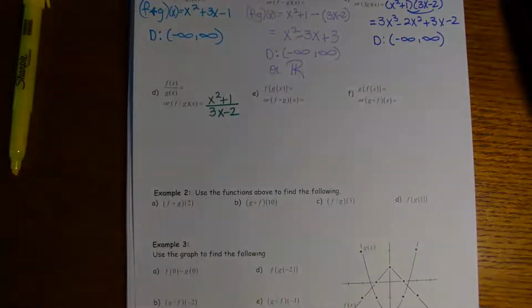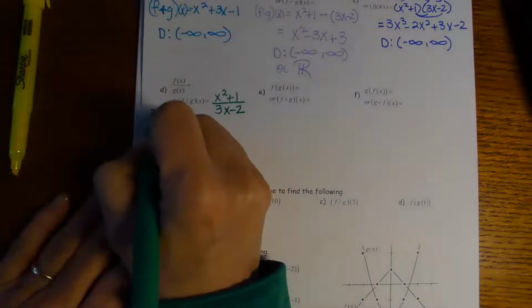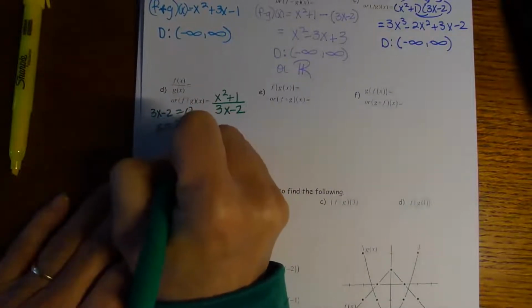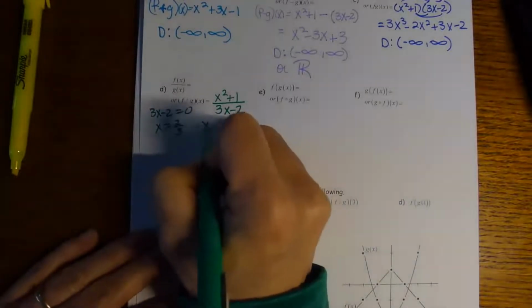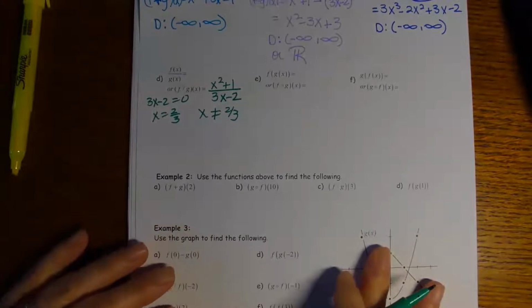Yes, we have a bottom. Whatever makes the bottom 0, so what goes in for X? So X can't be 2/3. Sometimes you'll get more than one number that X can't be.